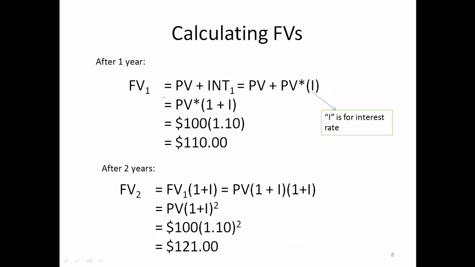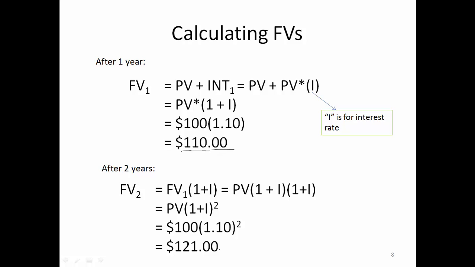After 1 year, we will have $100 generating 10% interest, so that's $10, and 100 plus 10, that's 110, principal plus interest. If we put it in the formula, that is present value multiplied by 1 plus I, being the interest rate. Now after 2 years, this $100 will compound twice, and that's why we have present value multiplied by 1 plus I to the power of 2.